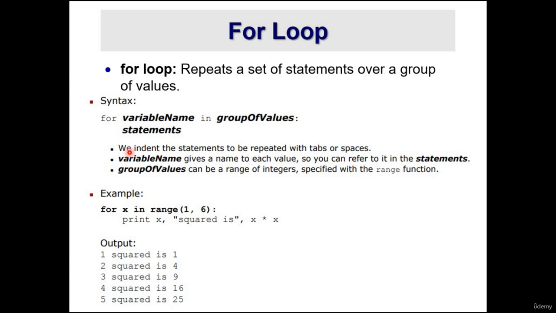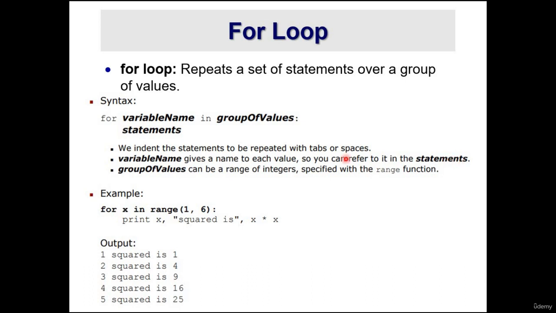There are a few points that we should always keep in mind while working on for loops. We indent the statement to be repeated with tabs or spaces. I have already discussed that indentation in Python is very important. Variable name gives the name to each value, so you can refer to it in the statement.